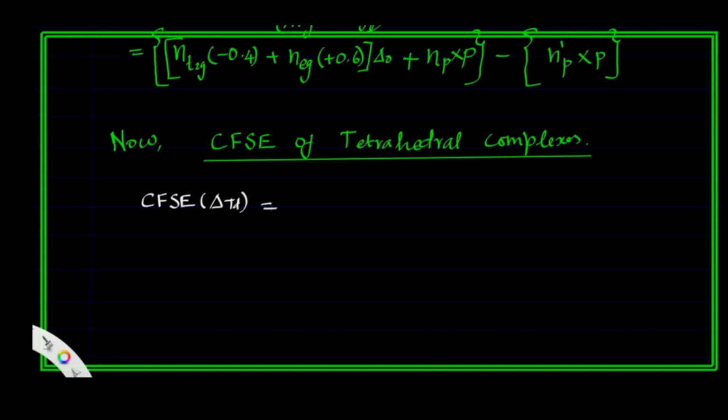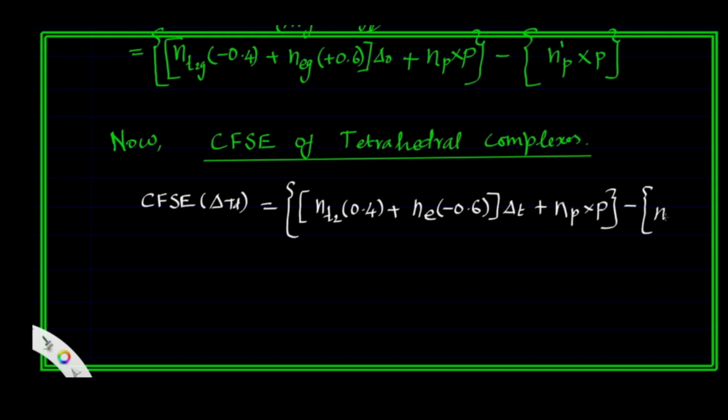CFSE is equal to [ the number of electrons in T2 orbitals into plus 0.4, plus the number of electrons in E set into minus 0.6 ] delta T, plus the number of paired electrons into the energy of one pair, minus n dash p into P. Here n dash p is the number of electron pairs in the average energy level, and P denotes the pairing energy.